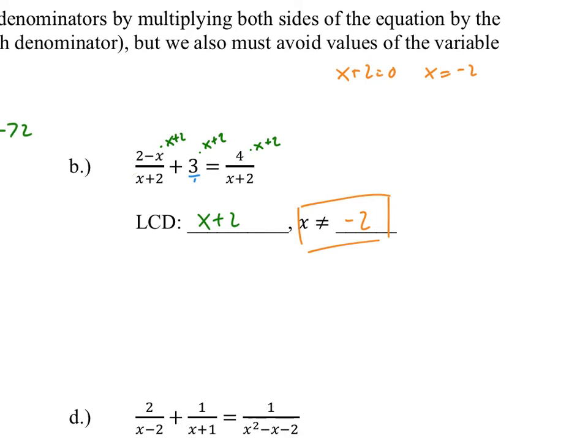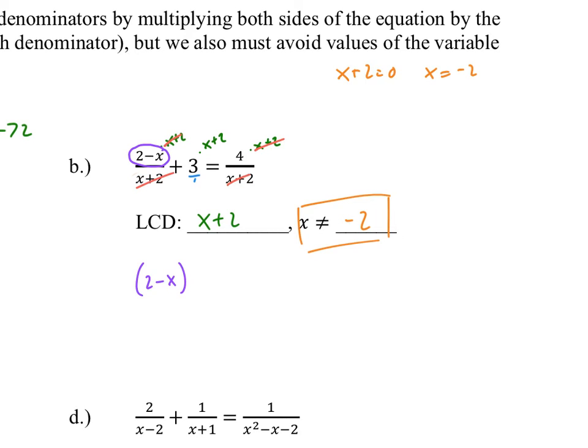Why are we doing that, right? Remember your why, because we want to cancel those denominators. x plus 2 cancels x plus 2. x plus 2 cancels x plus 2. So what am I left with on that leftmost term? I'm just left with 2 minus x. Since I'm bringing that down, I'm going to put it in parentheses.